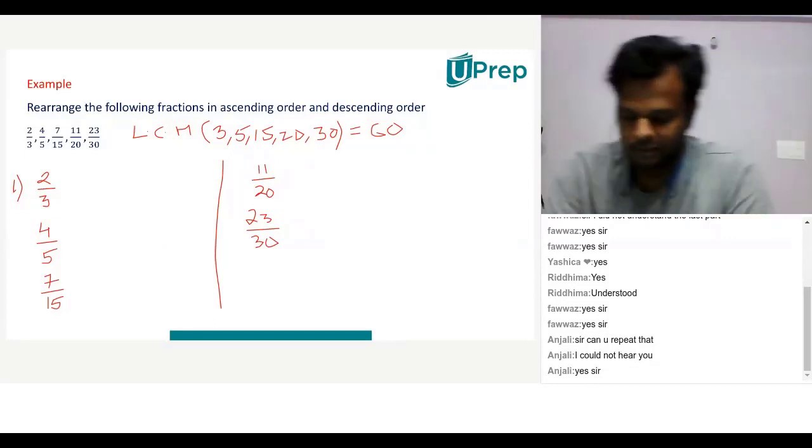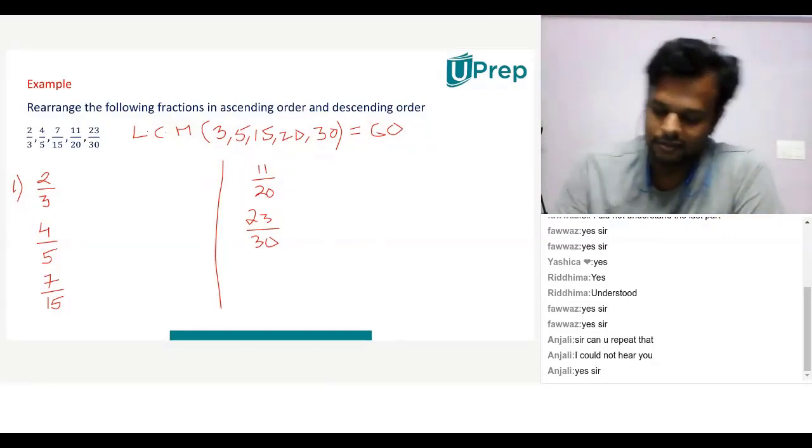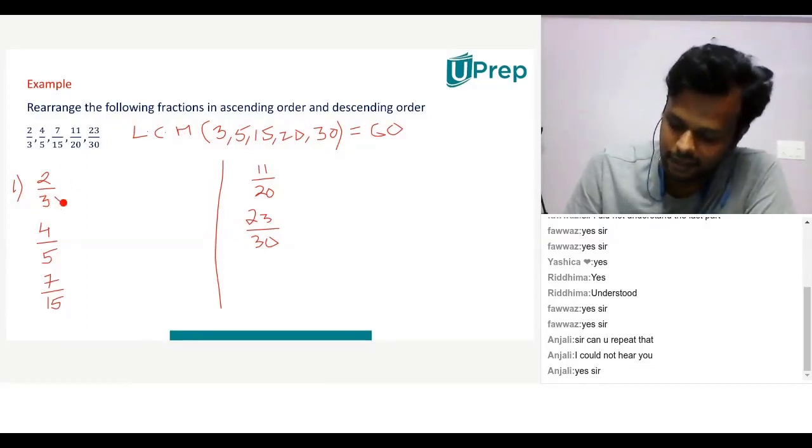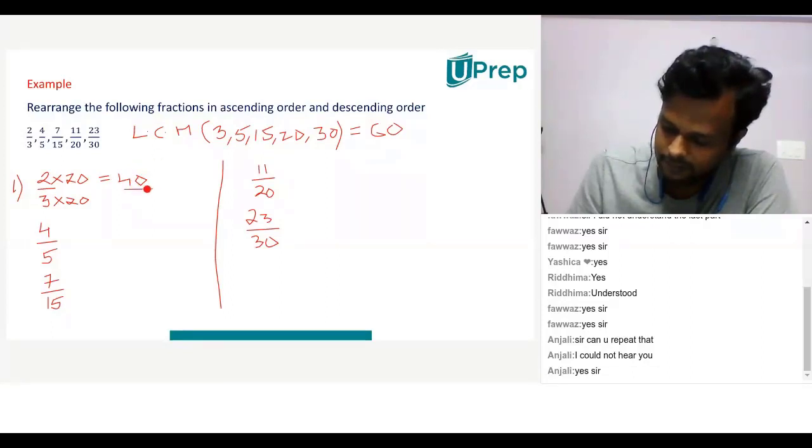Let's just observe. Children, what we do here is I have 3 in the denominator and 2 in the numerator. So if I have to make the denominator 60, I will multiply it with 20. So this becomes 40 by 60.